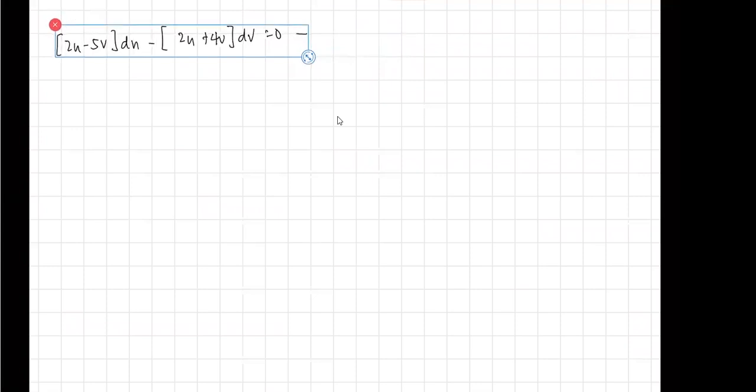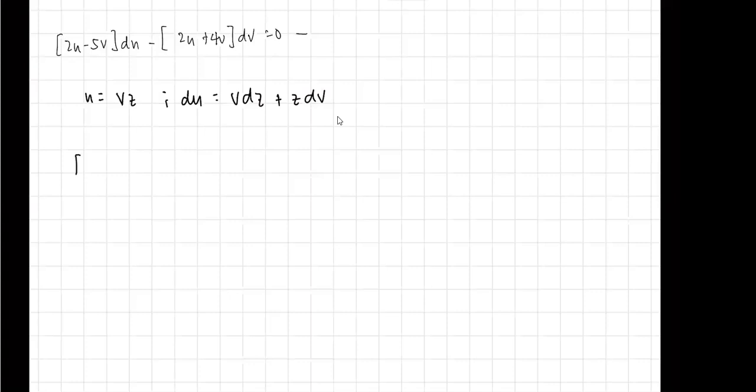Okay? So let ulit natin na u is equals to vz or du is equals to v dz plus z dv. Okay? So let's substitute. So we have 2 times yung u natin is vz minus 5v.